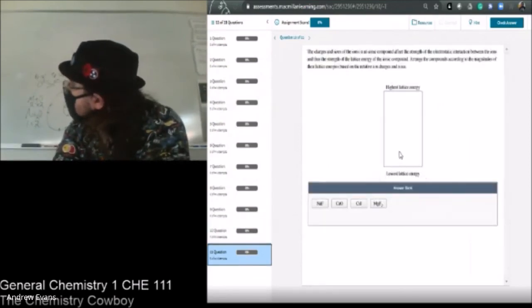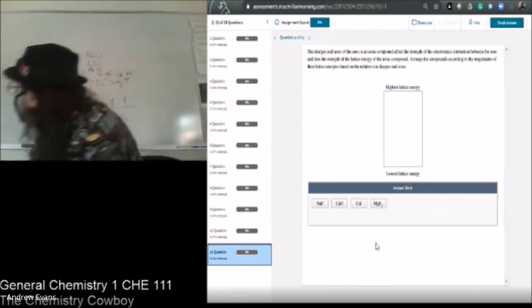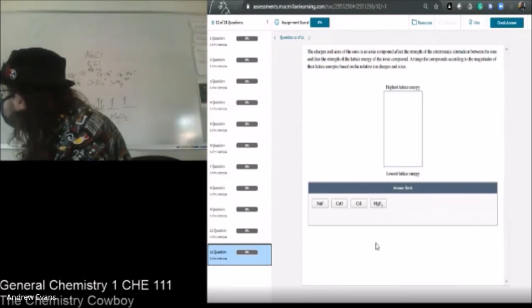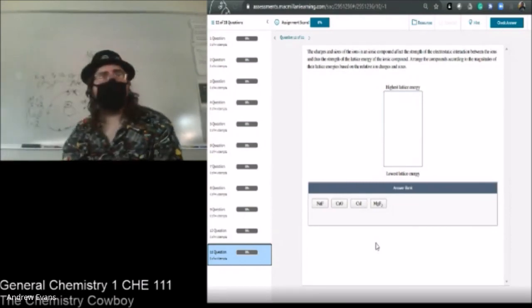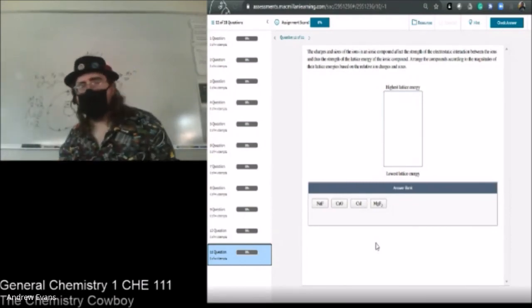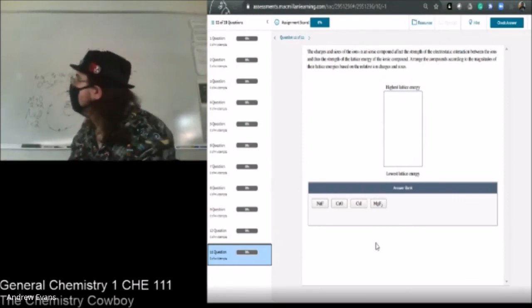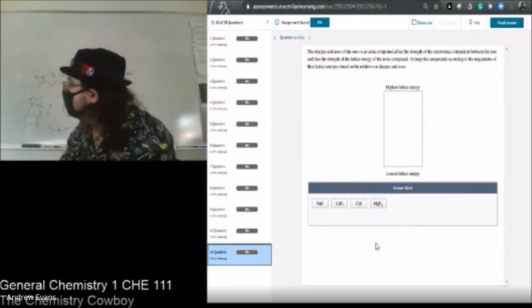And then here's the last. Put these in order of ionization energy. The first thing you want to order by is the charge. Figure out the charge of everything and then put them together. If they're all 1, then you have to compare them by size. If this is 2 and 1 and there's another 2 and 1, then you compare them by size. If there's a 2 and a 2, that's going to be the largest energy.